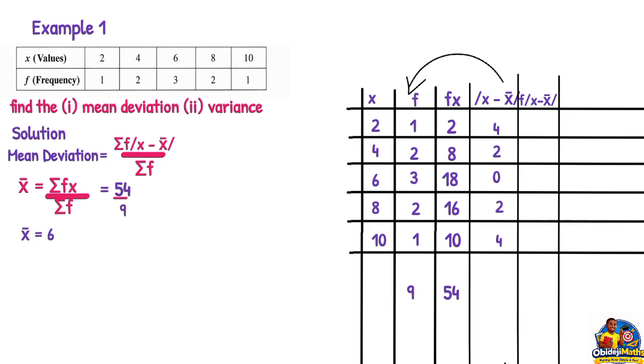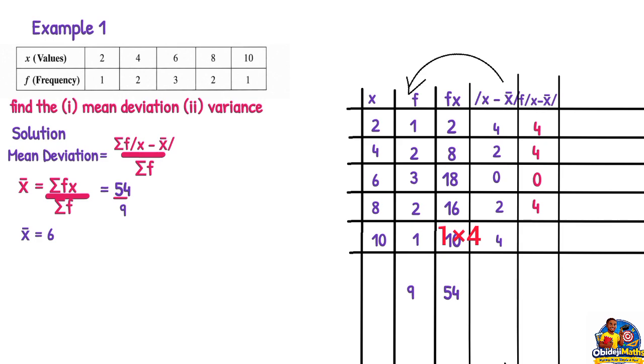So 1 times 4, that's the first one, which is 4. 2 times 2, that is 4. The next one is 3 times 0, which is 0. You have to be very careful here so that you are not multiplying the wrong values. 2 times 2, that is 4. And the last one, 1 times 4, which is 4.